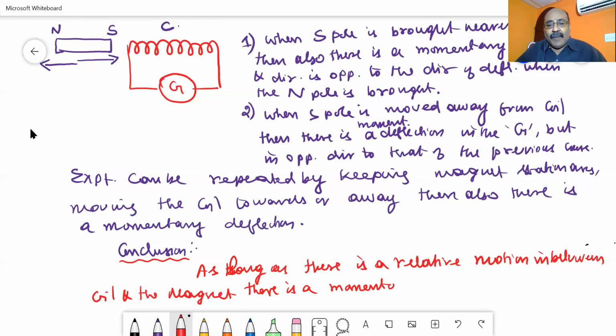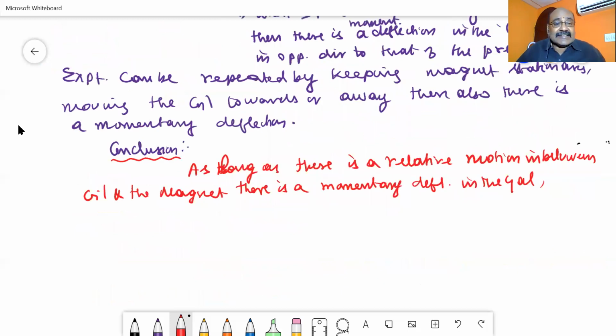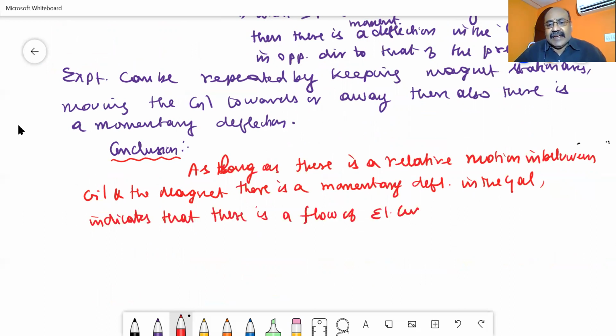This indicates that there is a flow of electrical current in the coil of wire, which is indicated by the deflection in the galvanometer. This is the conclusion arrived at.